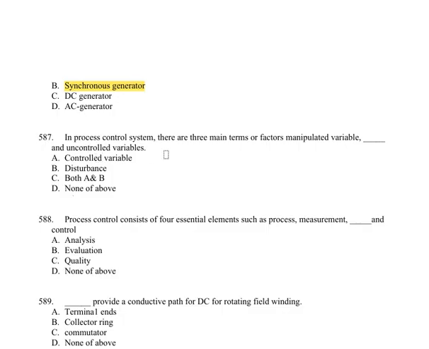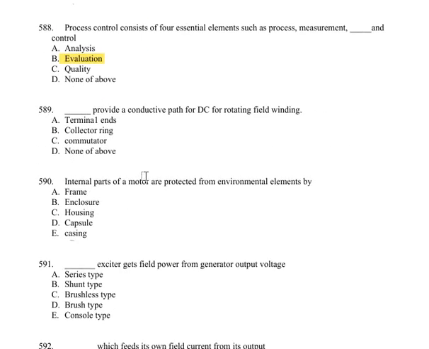In a process control system, there are three main factors: manipulated variables, controlled variables and uncontrolled variables. Process control consists of four essential elements such as process measurement, evaluation and control. Slip rings provide a conducting path from DC for the rotating field winding.